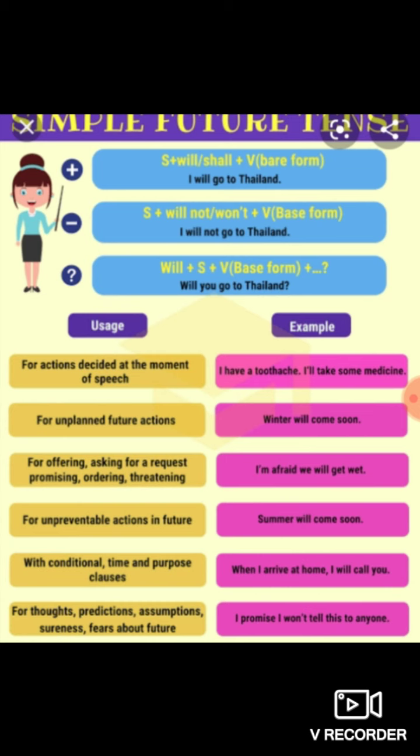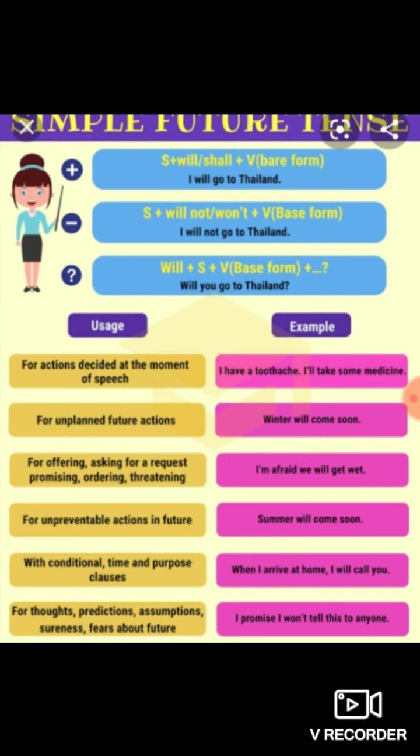For thoughts, predictions, assumptions, sureness, fears about future: I promise I won't tell this to anyone. Students, will plus not becomes won't. I suppose the uses of simple future tense are clear to you. Number one, it is used to express an action which will take place at some time in future, means unplanned future actions.